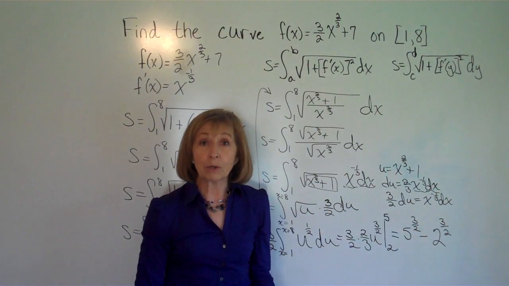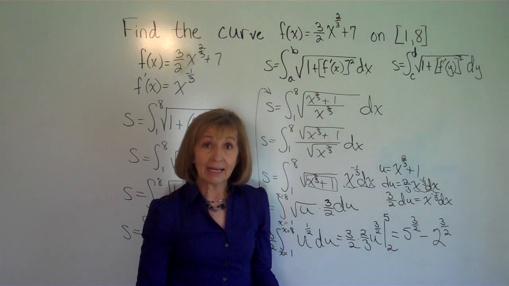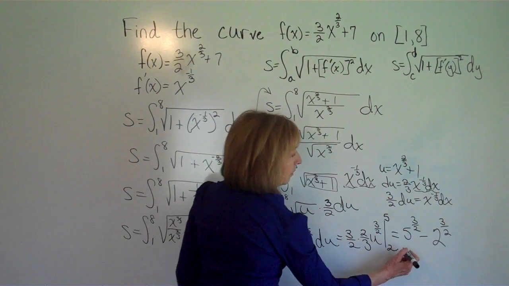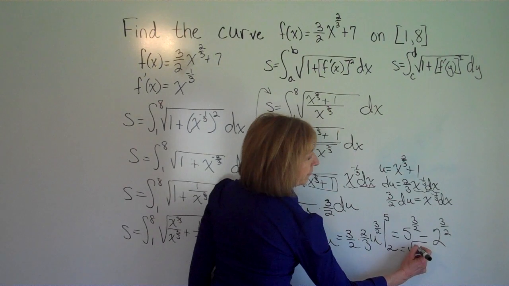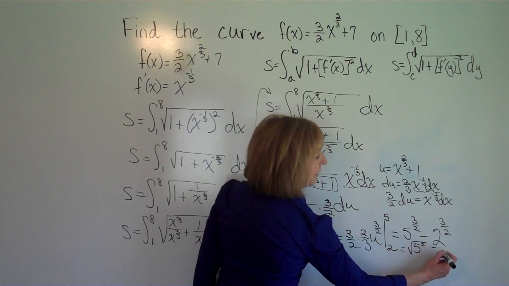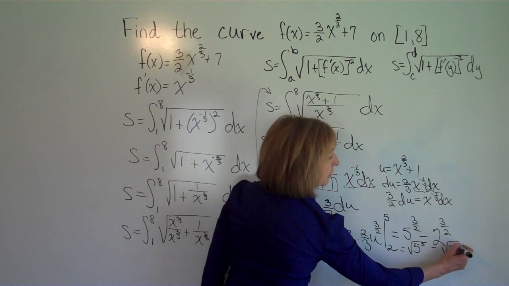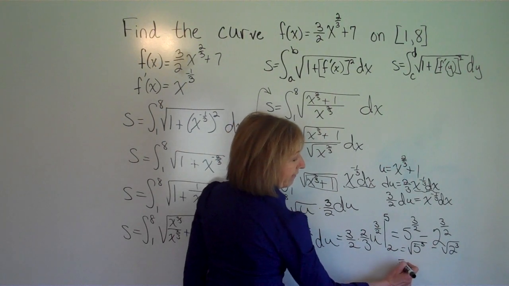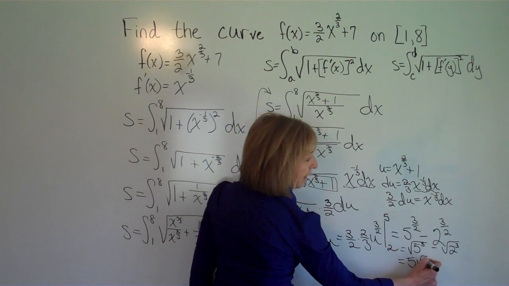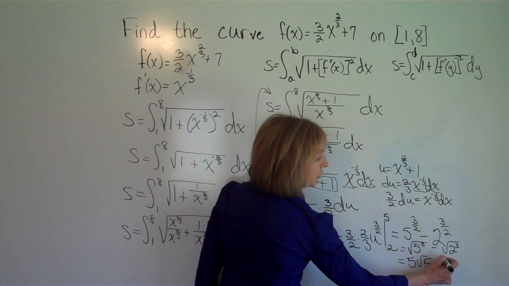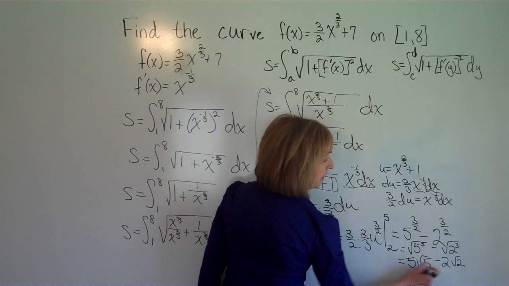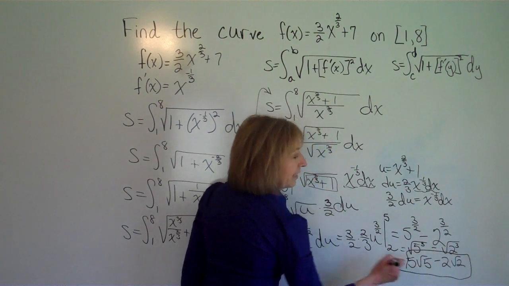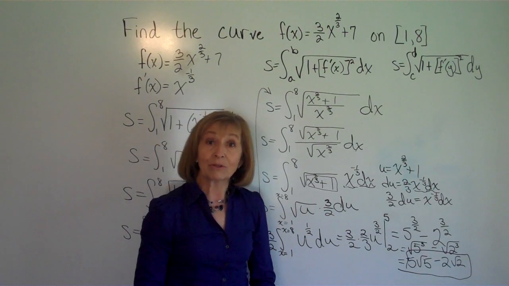Well, if I have the square root of 5 cubed, I can bring a factor of 5 out. So think about it this way. It's the square root of 5 cubed minus the square root of 2 cubed. So I can bring a 5 out. So that's 5 times the square root of 5 minus, I can bring a 2 out, 2 times the square root of 2.